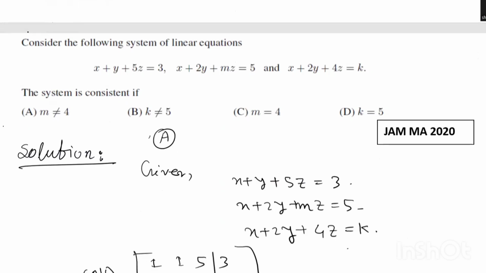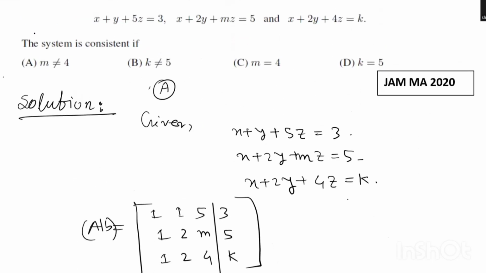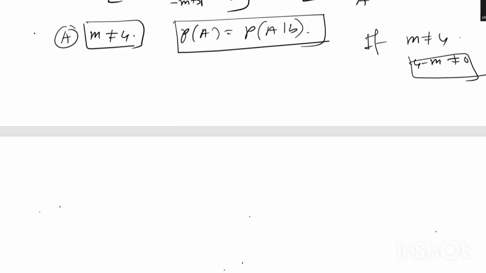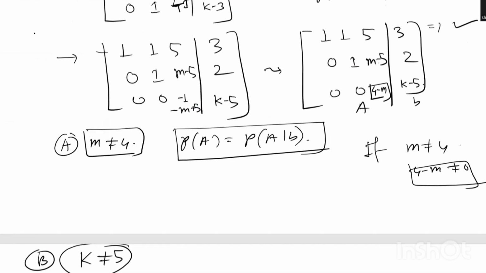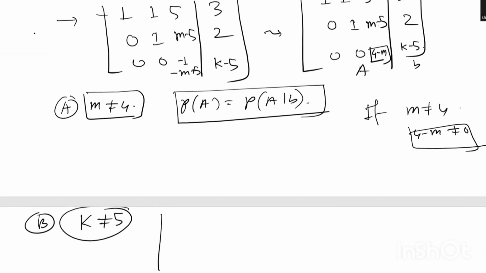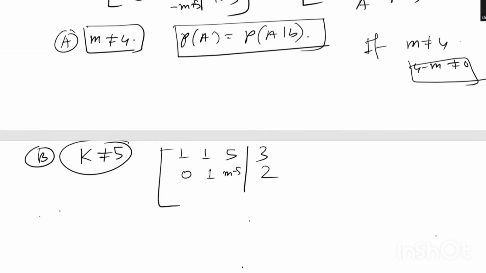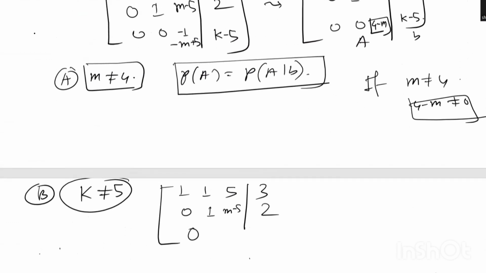Now option B, which says k is not equal to 5. The given matrix is [1 1 5 | 3; 0 1 m-5 | 2; 0 0 4-m | k-5].